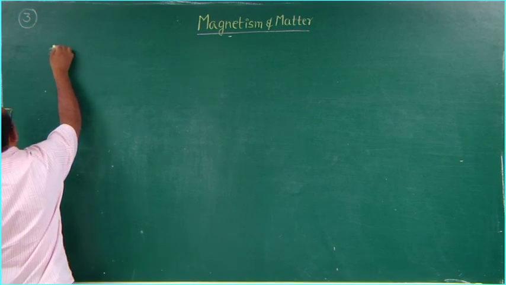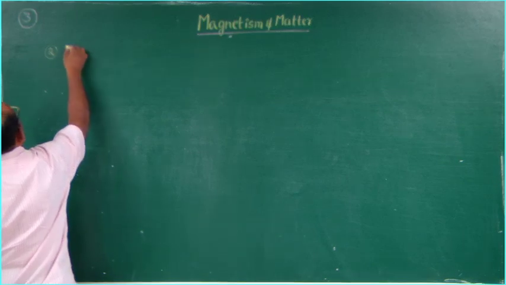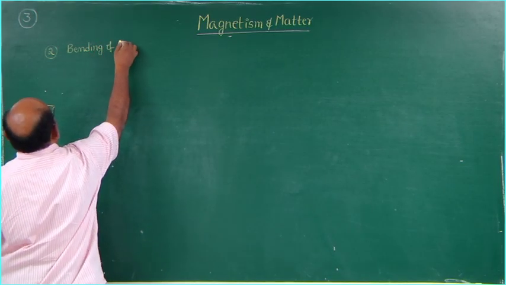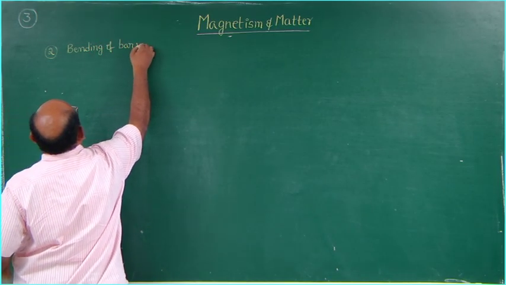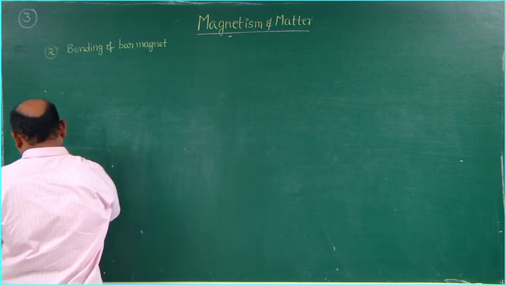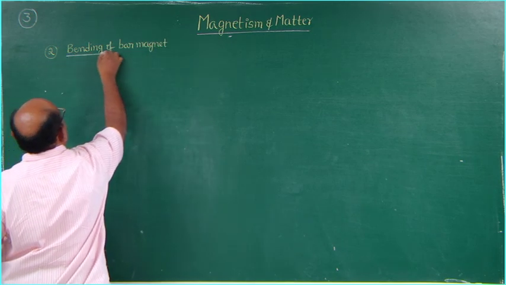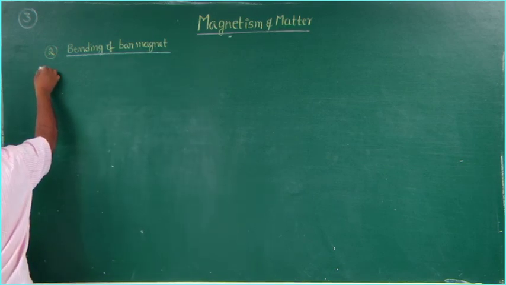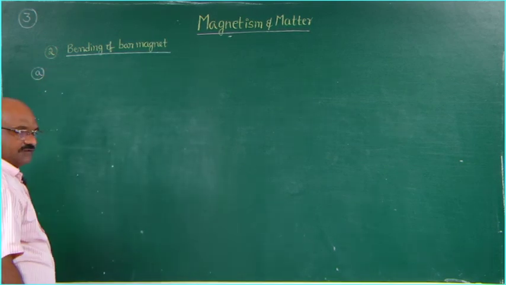In the variation of the magnetic moment, cutting is over. The second one is bending of the bar magnet. Different cases are there. Let me start with the first case.